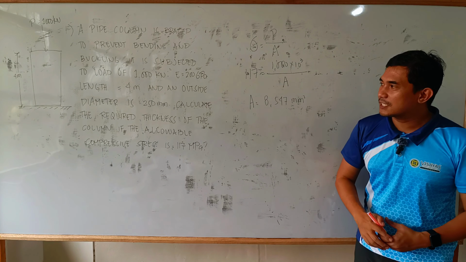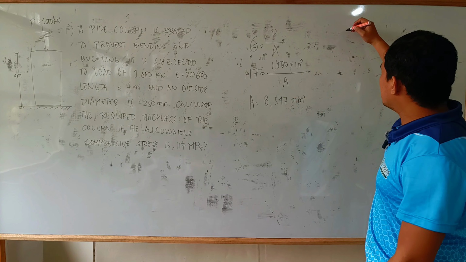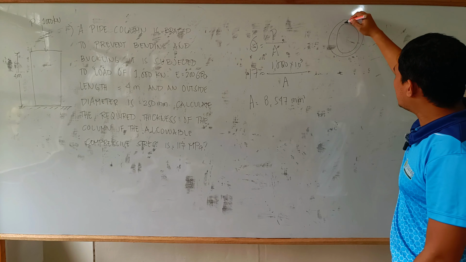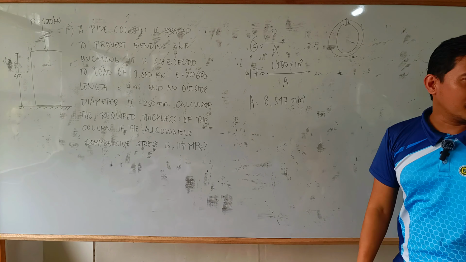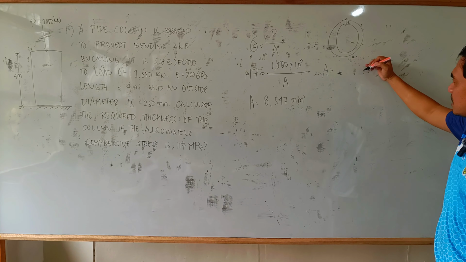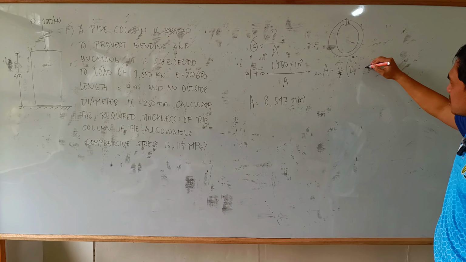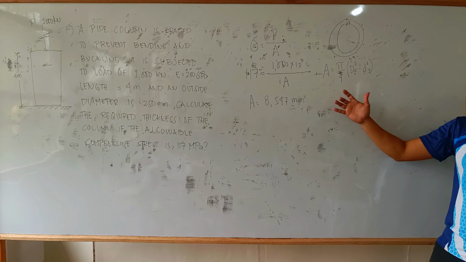Now pay attention, class. If you analyze the problem, it is a hollow pipe. In the cross-section, there is the outer diameter, the inner diameter, and the required thickness. The area of the hollow pipe is equal to pi over 4 times the outer diameter minus the inner diameter, both squared.